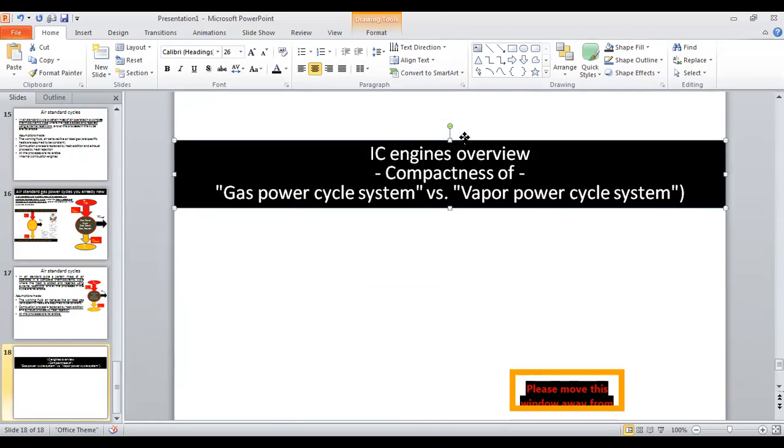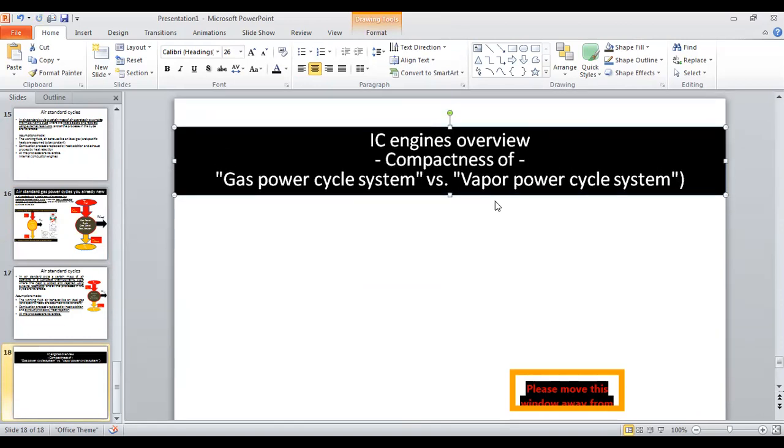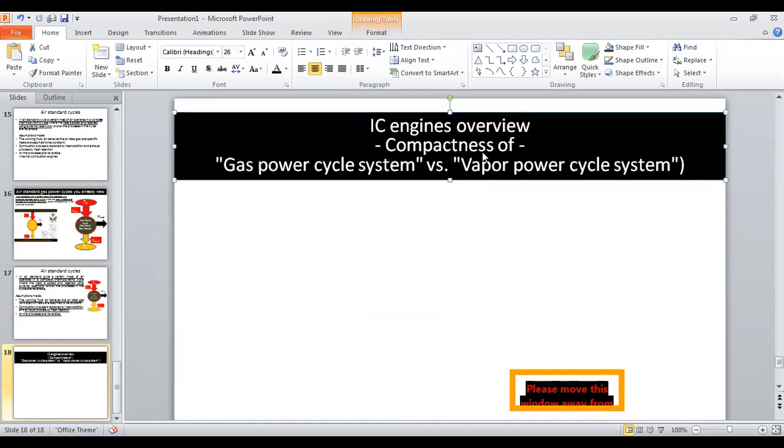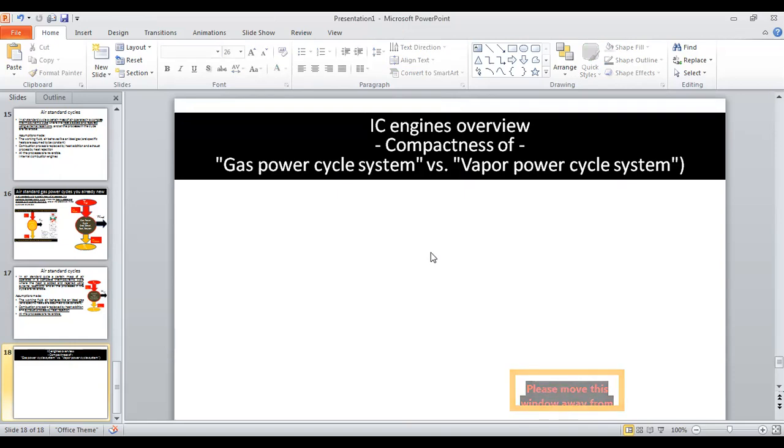You know this. Gas power cycle systems versus vapor power cycle systems.